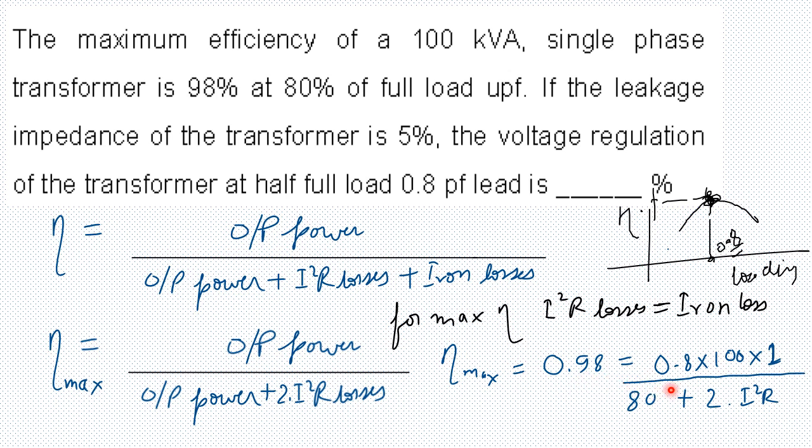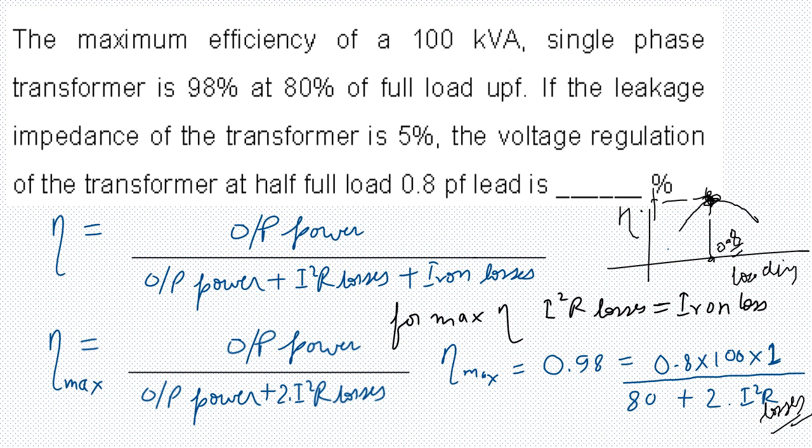So here 0.98 is equal to 0.8 into 100 into 1, because this 0.8 is the loading, 100 is the kVA, and 1 is the power factor. So this is the output power. So this is 80 divided by 80 plus twice I square R losses, because both of them are the same.